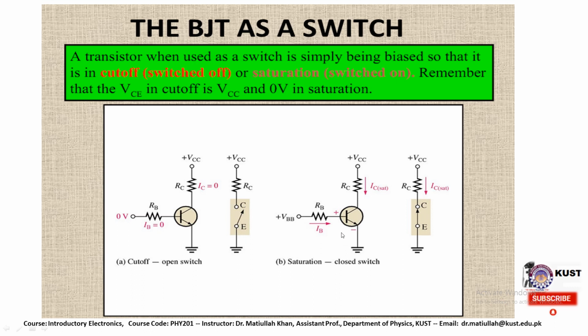In the other extreme case, we have the saturation mode, and this is the circuit diagram for the saturation mode. So what happens in this case, maximum current passes through the BJT, and this circuit is working like a switch on circuit.